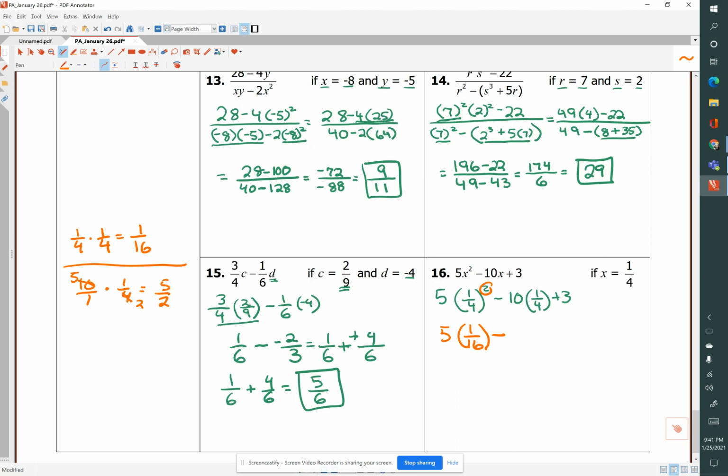That's just an easy way to write it. So that would be 10 times 5/2, plus 3. So now we need to multiply 5 times 1/16. So 5 times 1 over 16 equals 5/16.